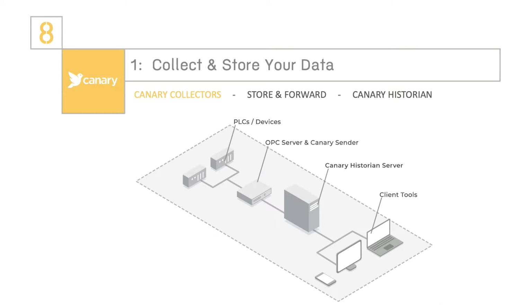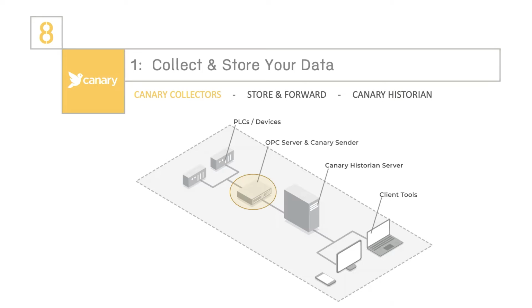Now, you might already have an OPC server or an MQTT server installed onto your PLC network to drive your SCADA system. Now, the Canary collector, we would install as close as possible to the source. So we would normally run that collector on the same server where your OPC server or MQTT broker is.